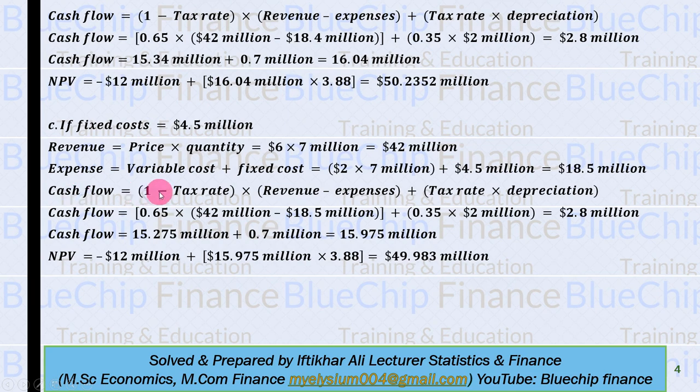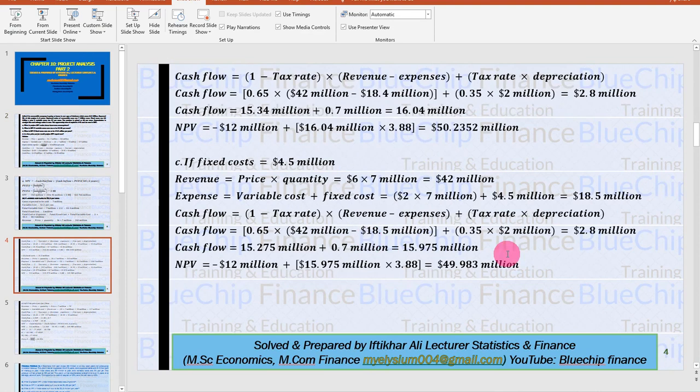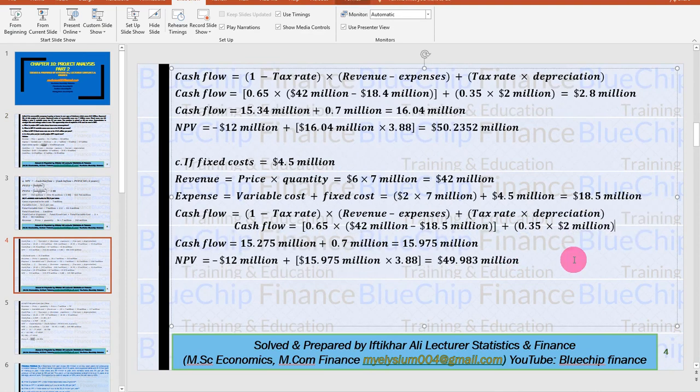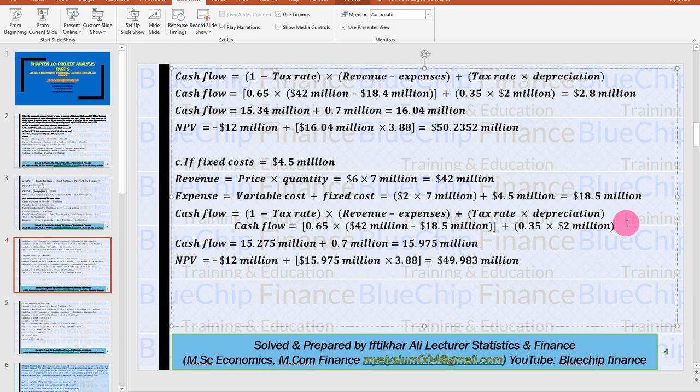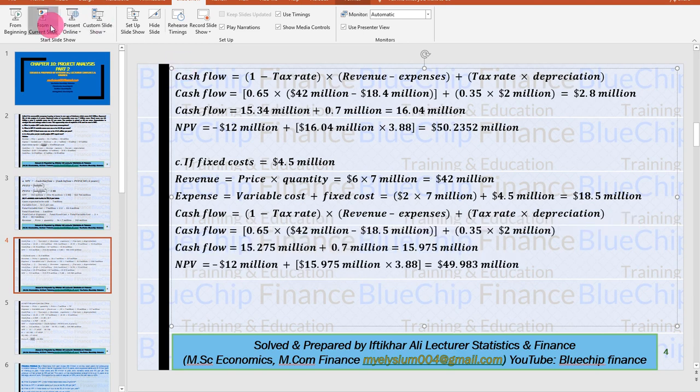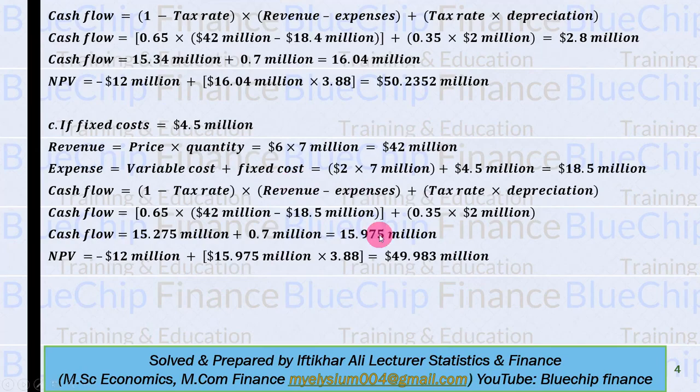So cash flow is 1 minus tax rate, so 42 million minus 18.5, plus tax rate 0.35 multiplied by depreciation of 2 million, and your cash flow becomes 15.975.